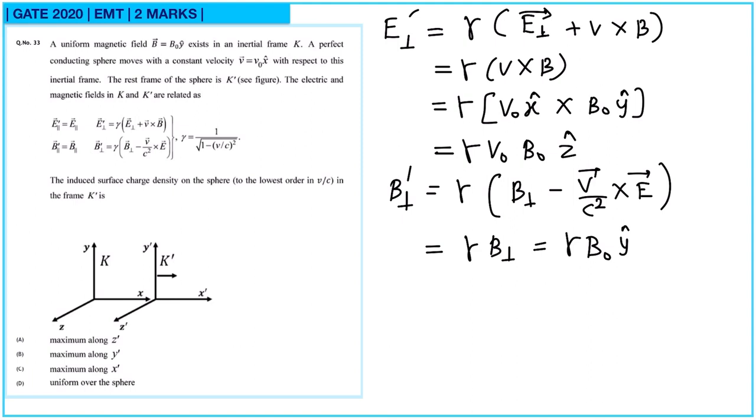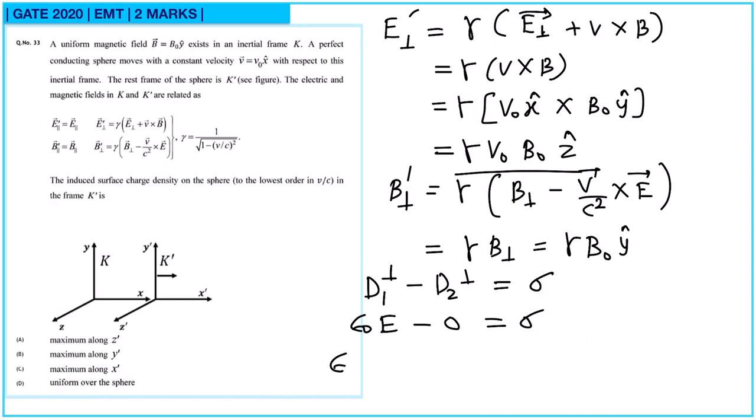Now induced surface charge density. So from there we can write D1 perpendicular minus D2 perpendicular, that will be equal to the surface charge density. And this can be written as epsilon naught E minus 0 is equal to surface charge density. And epsilon naught E is this. So this will be epsilon naught into gamma into V naught B naught z cap.